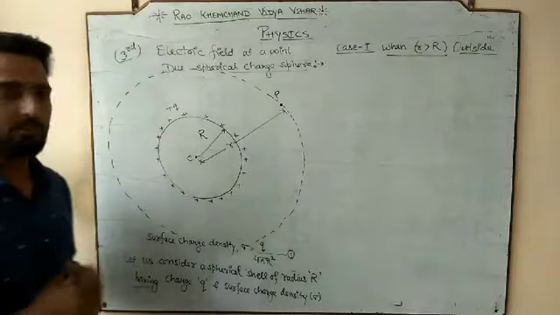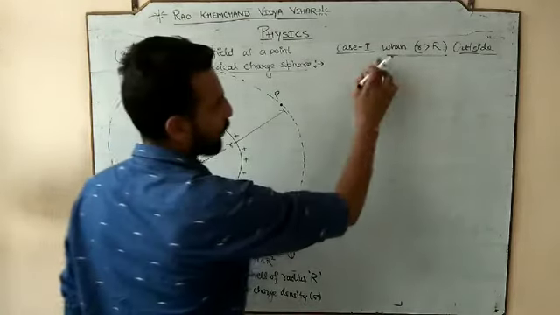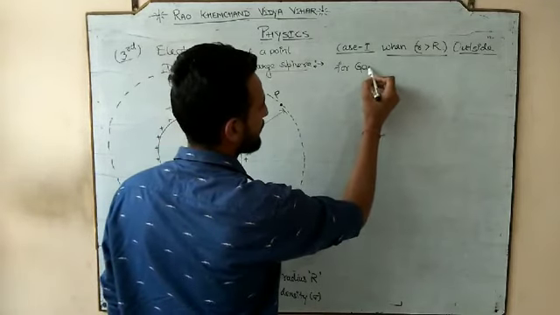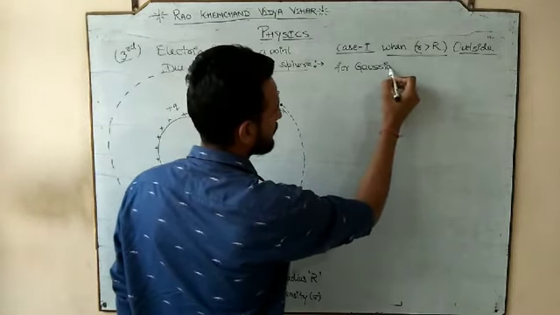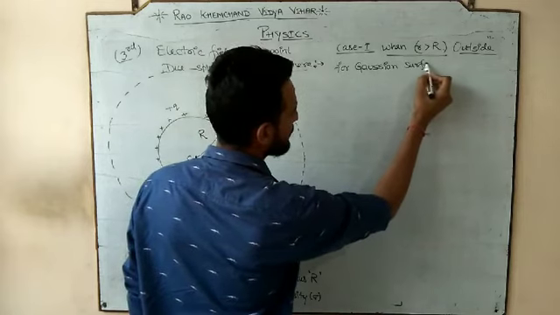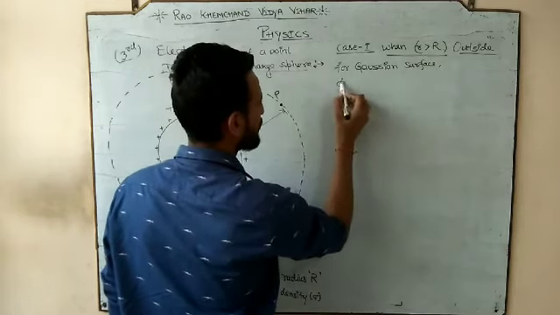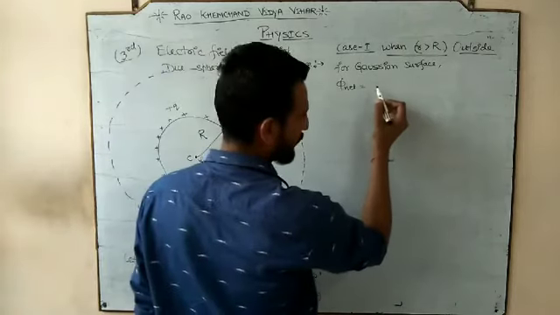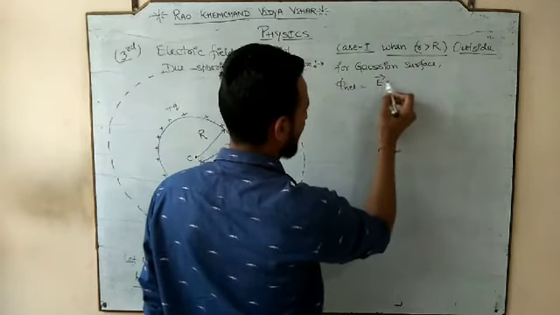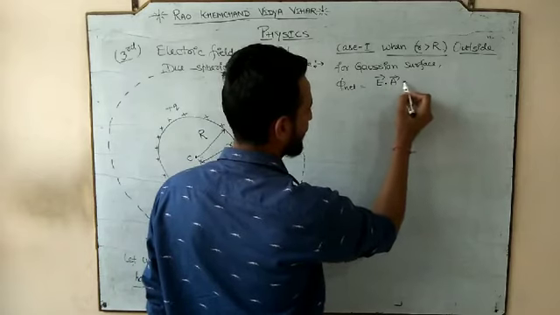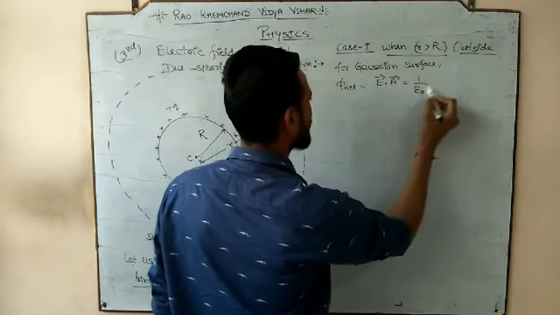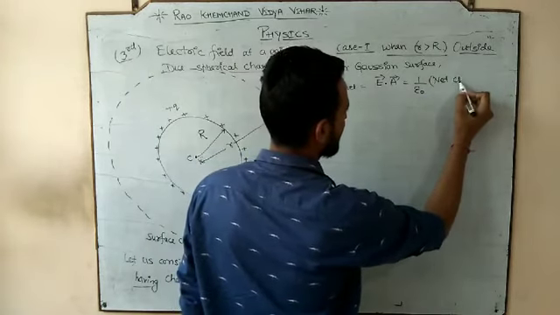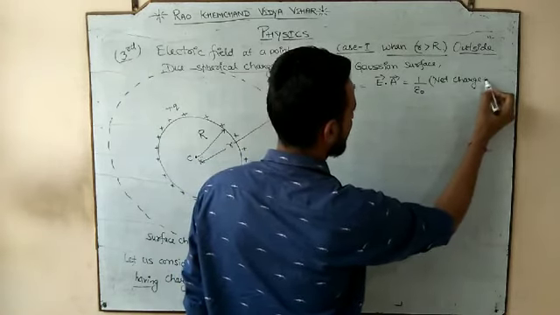Since we want to study at the P point, for the Gaussian surface we all know that the net electric flux is equal to E vector dot area vector, which is equal to 1 by epsilon naught times the net charge enclosed.